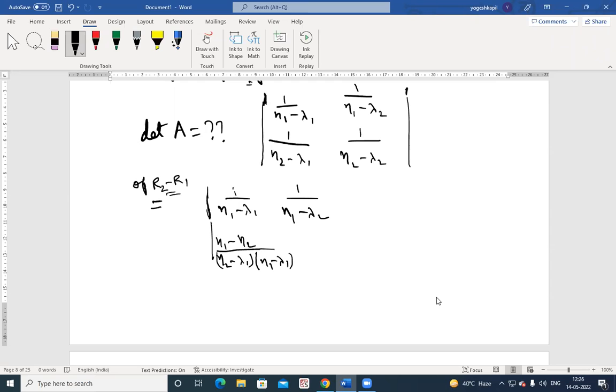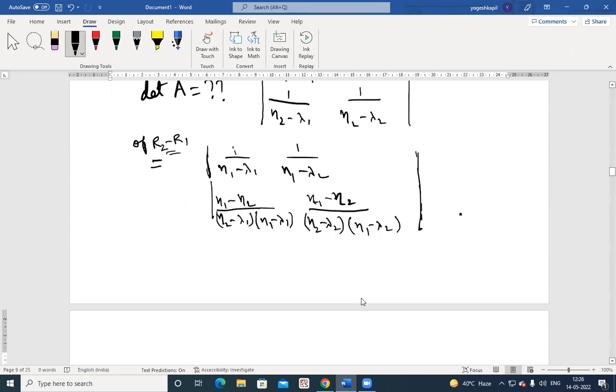And this entry would be in the same way eta 1 minus eta 2 divided by eta 2 minus lambda 2 into eta 1 minus lambda 2. Is it so? Are you getting this? Yes, sir.